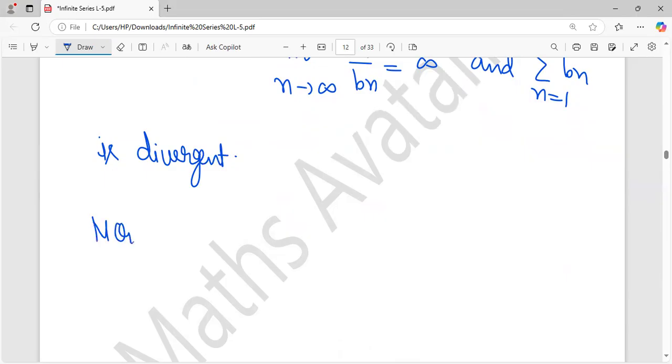Now the limit of An upon Bn is equal to infinity.